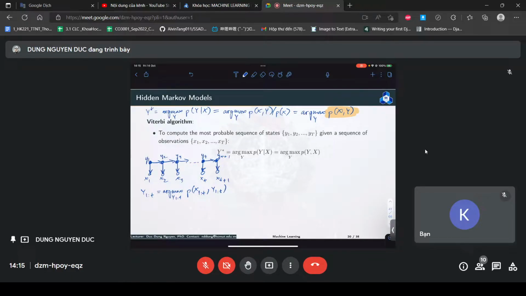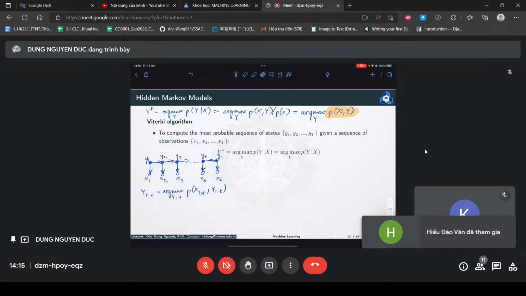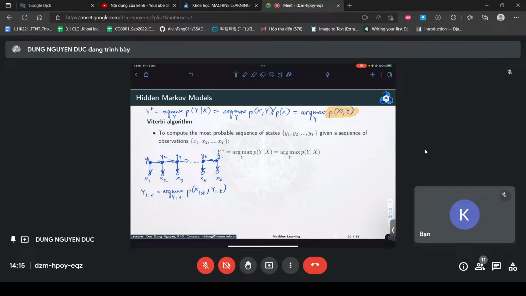And if you calculate this joint probability, let me clean up this one a little bit. This is t, and y t minus 1.